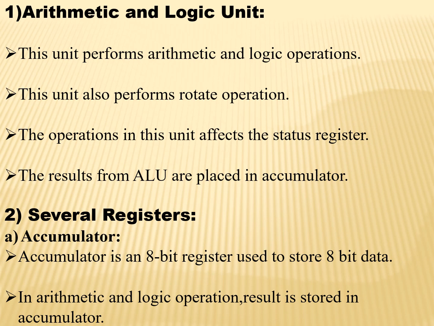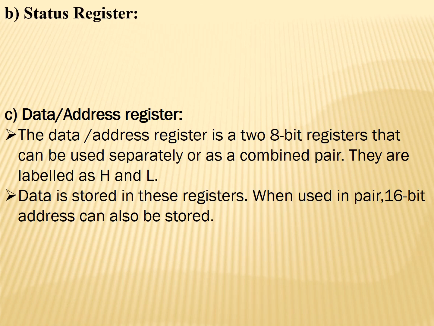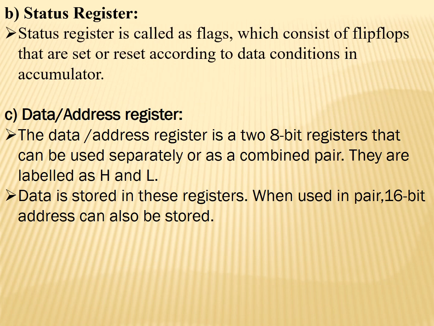The result is stored in the accumulator, and the operation is also performed in the accumulator. Next we have the status register, which is inside the ALU. The status register is also called flags, which consist of flip-flops that are set or reset according to the data conditions in the accumulator. So our status register is nothing but the flag register.